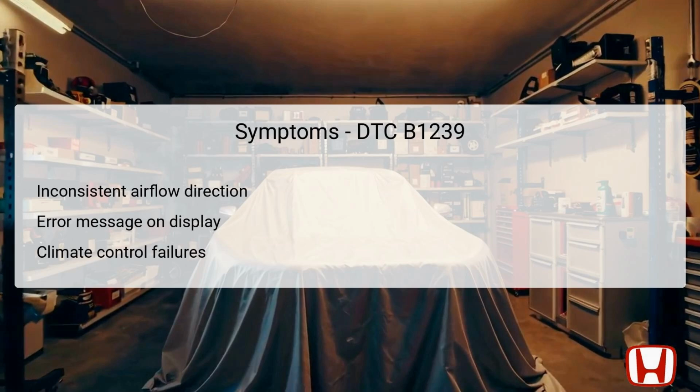Additionally, an error message related to mode control may appear on the vehicle's display, alerting the driver of a malfunction. Failures within the climate control system may also occur, creating further disruptions in managing the vehicle's interior temperature. Recognizing these symptoms quickly can aid in facilitating effective troubleshooting and repairs.